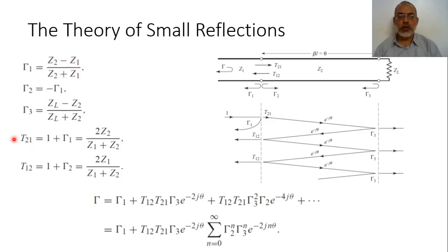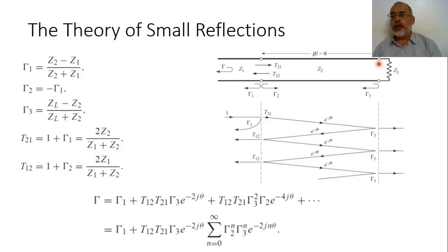So T21 is 2Z2 over Z1 plus Z2. This transmitted signal is propagating inside the transmission line section Z2 a distance, or phase, beta L, which equals theta.